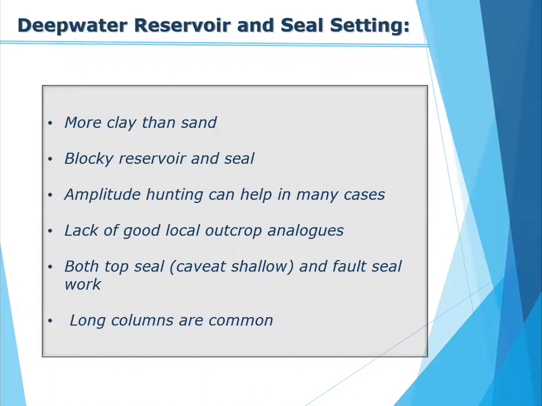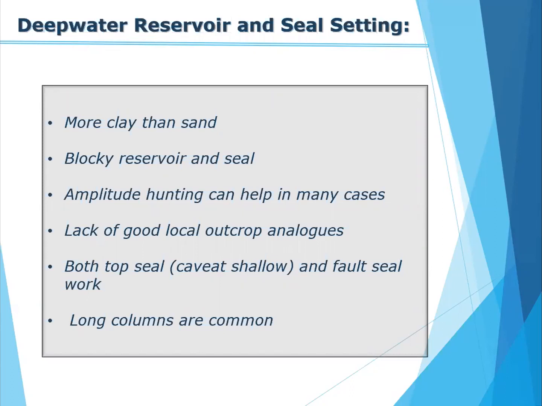So how can we characterize that setting with a few words? We have more clay than sand. We have both blocky reservoir and seal. The amplitude hunting can help in many cases. So that's the geophysicist who gets a promotion there, not the geologist. But very often the problem here is that we don't really have good local outcrop analogs, because the analogs are mostly in the shallow realm, and then, I mean, you can do guesswork, but it's difficult.